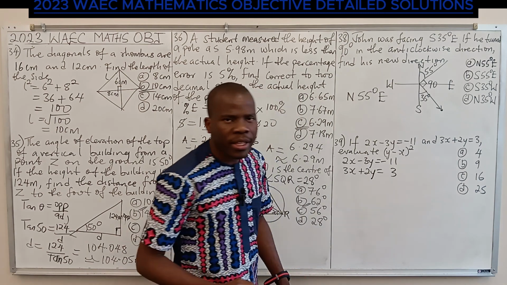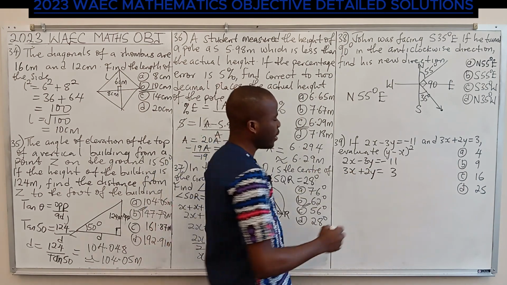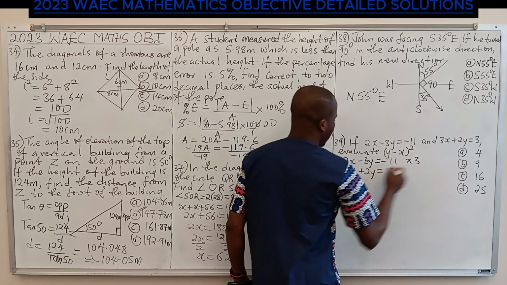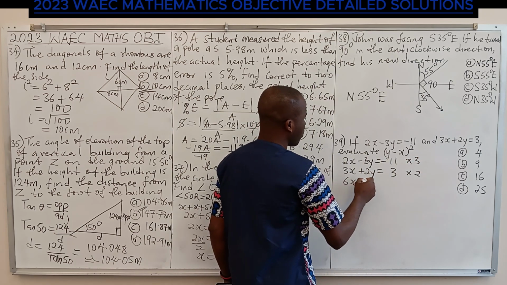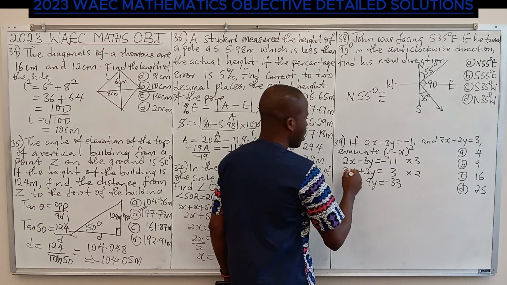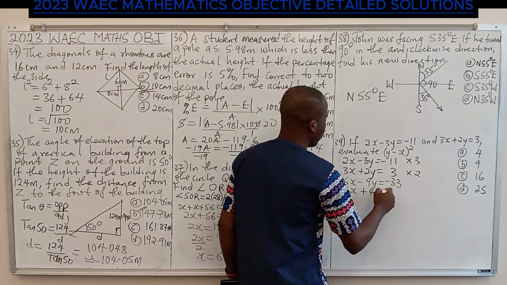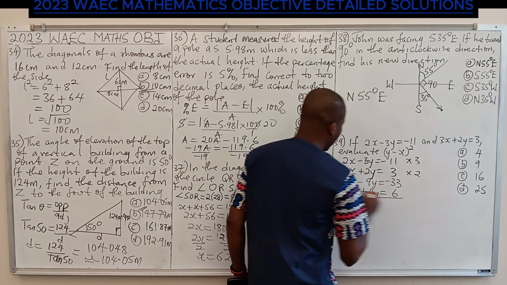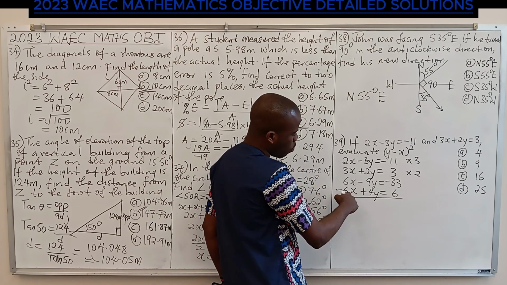Let's use elimination method and let's multiply equation 1 by 3 and equation 2 by 2. And so we'll have 6x minus 9y equals minus 33. And this will have 6x plus 4y equals 6. So let's eliminate x. Let's do equation 2 minus equation 1.